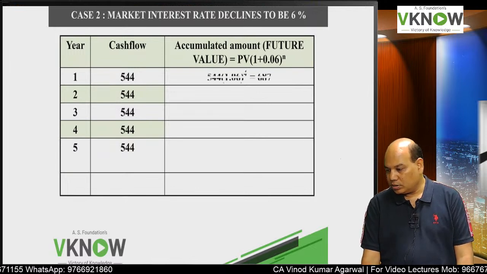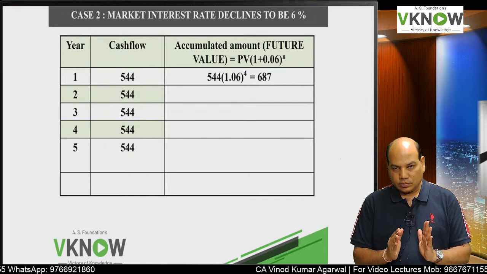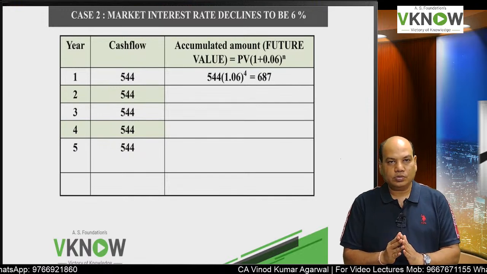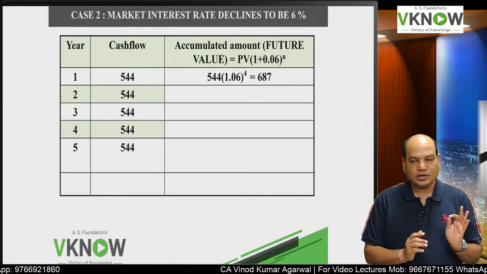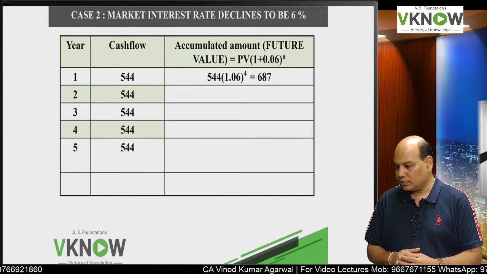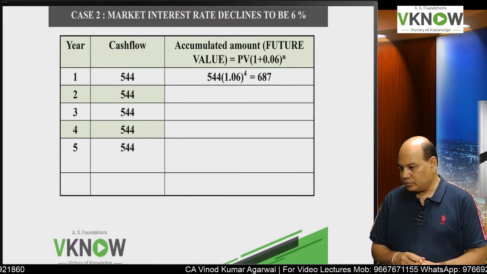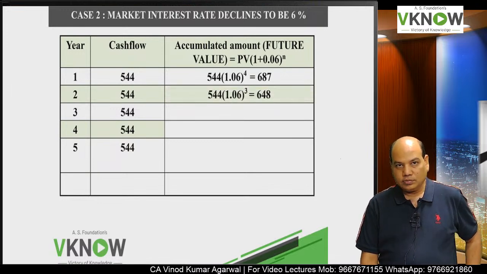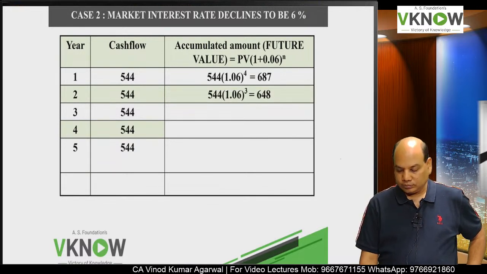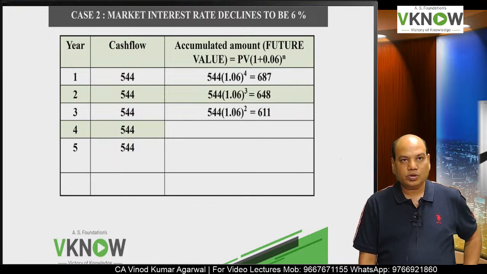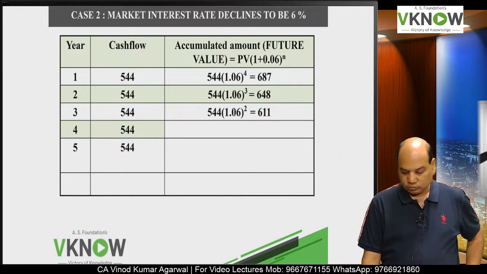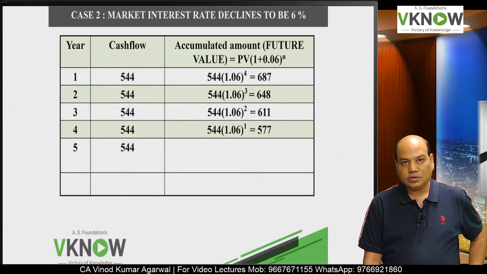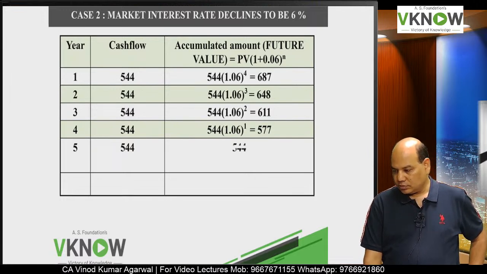What will be the amount you will receive if 544 is invested at 6% for 4 years? Check the answer, 687. Try the next one, 648, 611, 577, same.